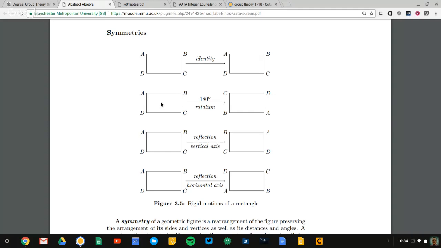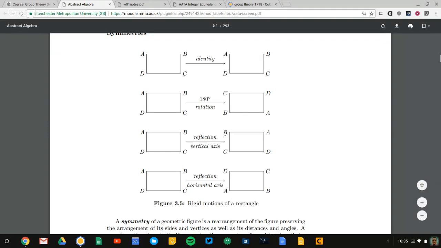Now, just as the integers modulo something generalizes to integers mod 9, integers mod 10, integers mod 11, so there's an infinite family of cases, there's also an infinite family of these symmetry type groups. Basically, you take any nice, regular, symmetrical figure in the plane, and you can play this game. You can look at all its symmetries and talk about its group of symmetries under the operation of composition.